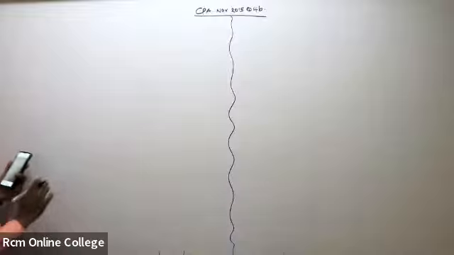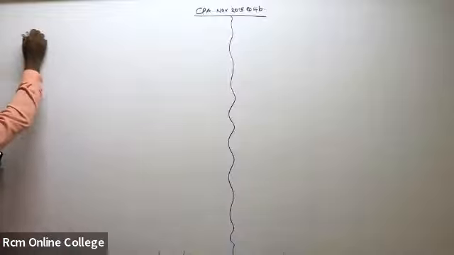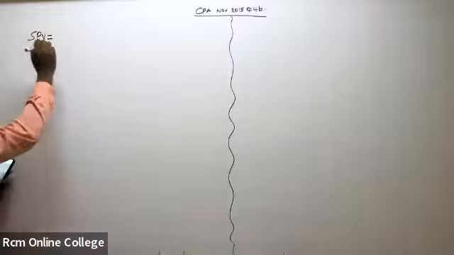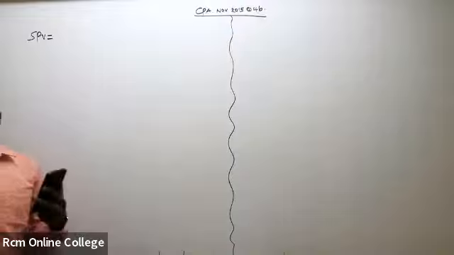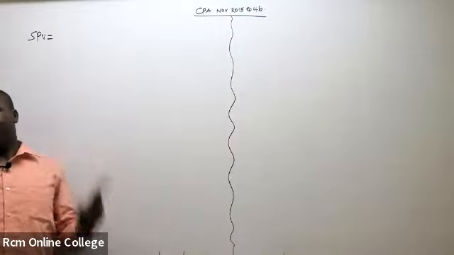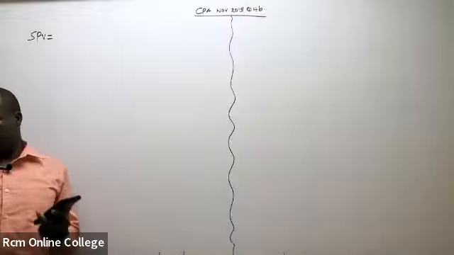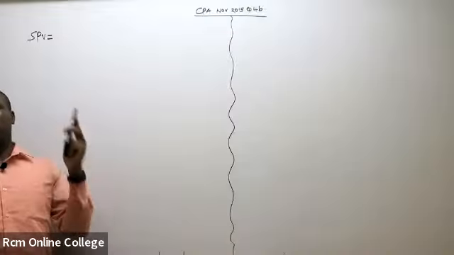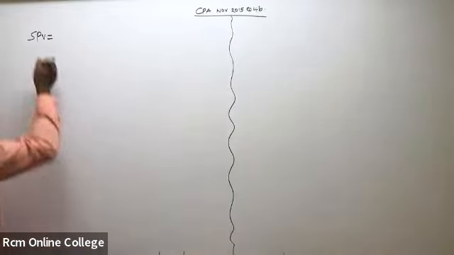Good. So selling price variance. Remember, with selling price variance, we are going to look at the cause of change or difference in the sales. One of the causes is maybe the difference in the selling price and also difference in the volume of goods sold. So let's start with this.